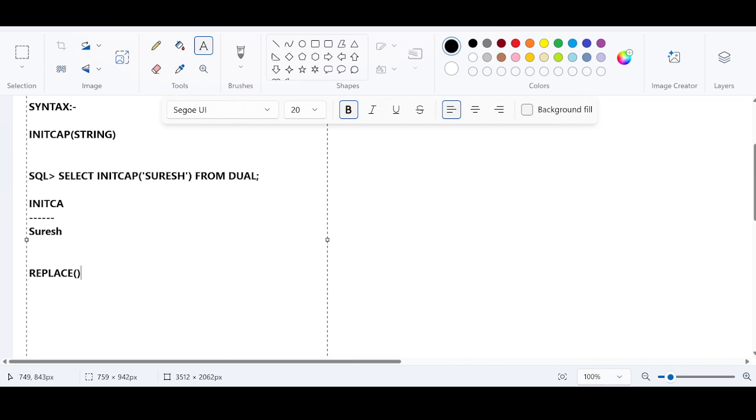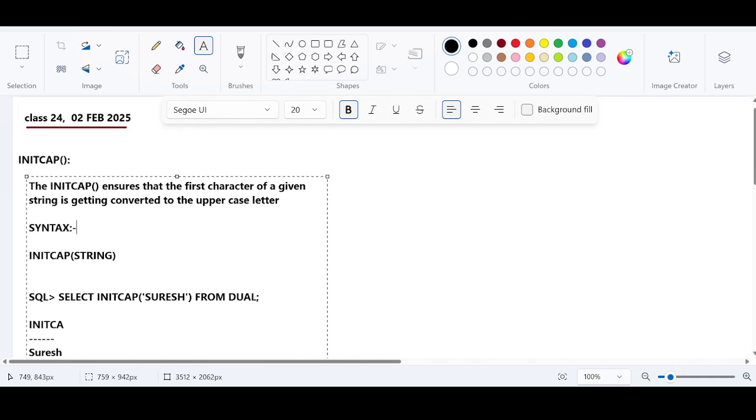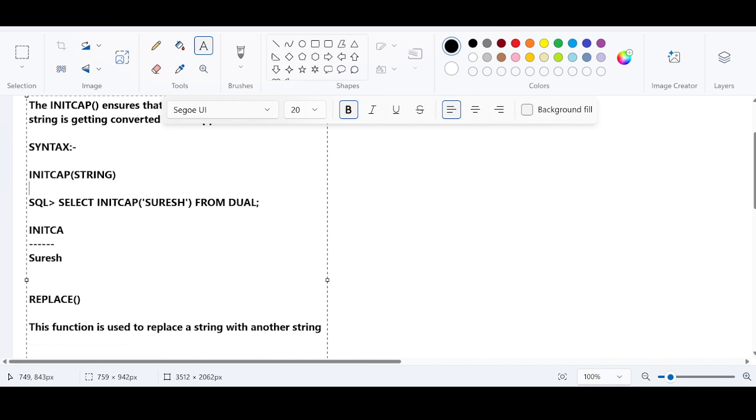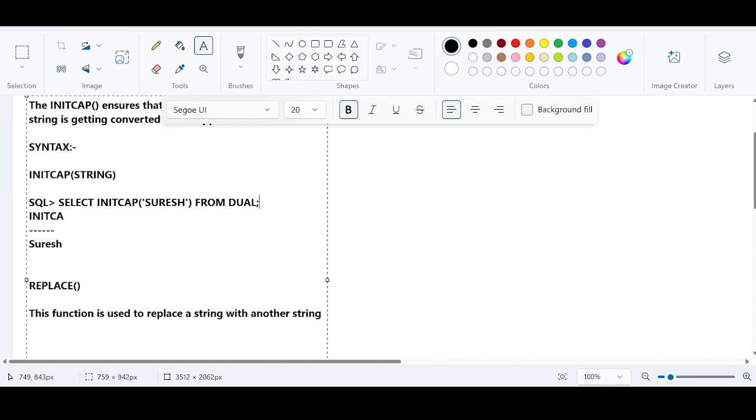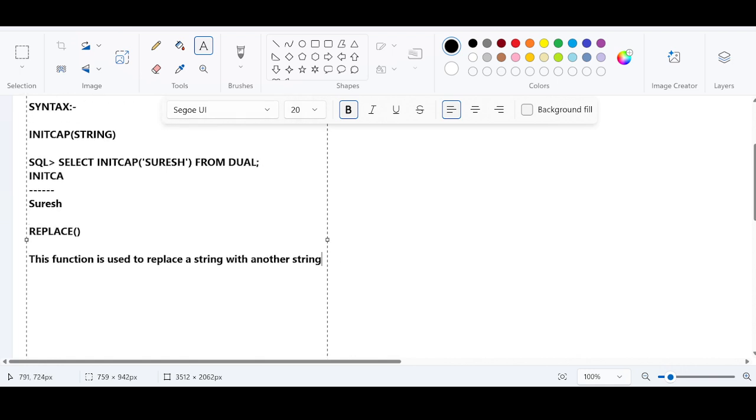This function is used to replace a given string with another string, or to replace a single character.